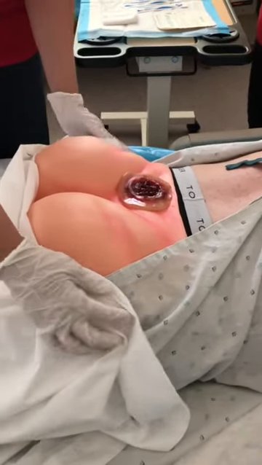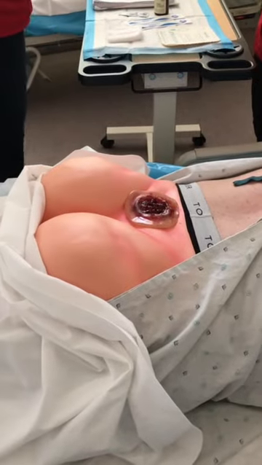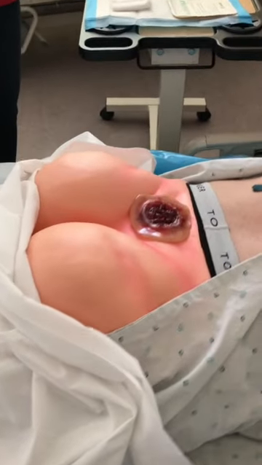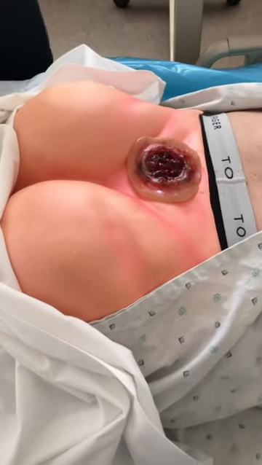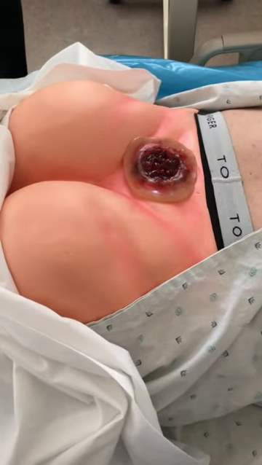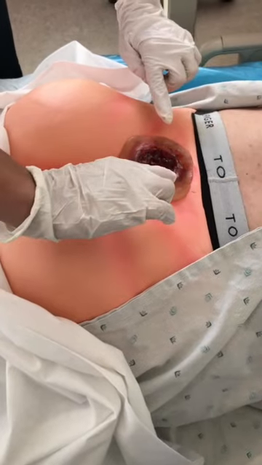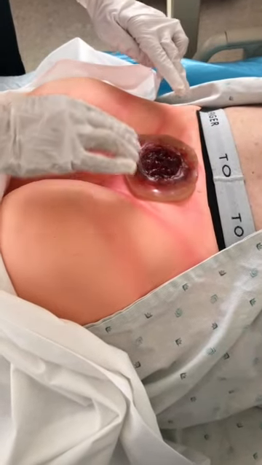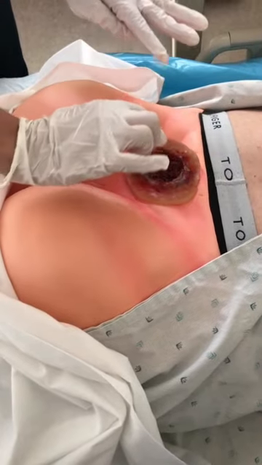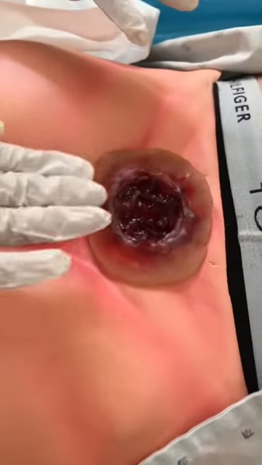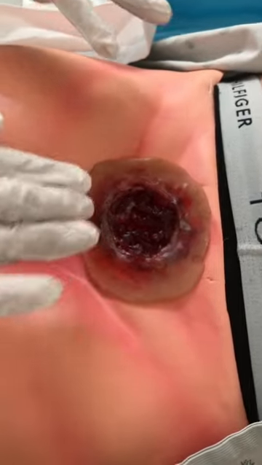All right. So, to determine our assessment here, what are we looking for first? You're going to be wanting to look at the wound type. What I'm seeing is a full thickness wound. That means it's getting down to that fatty tissue, and you can see it's starting to crater a little bit, and there could even be some tunneling.